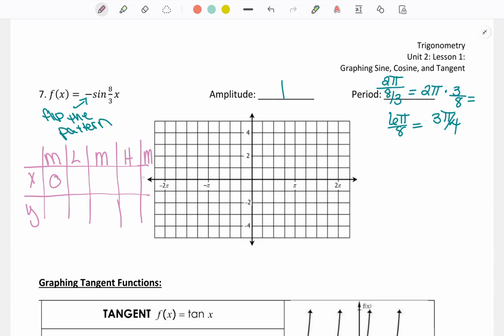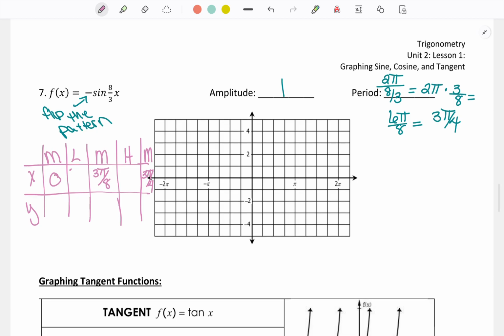So we start at 0, then we go to 3 pi over 4. And halfway in between is 3 pi over 8. So halfway in between that, double that denominator, and you have 3 pi over 16.